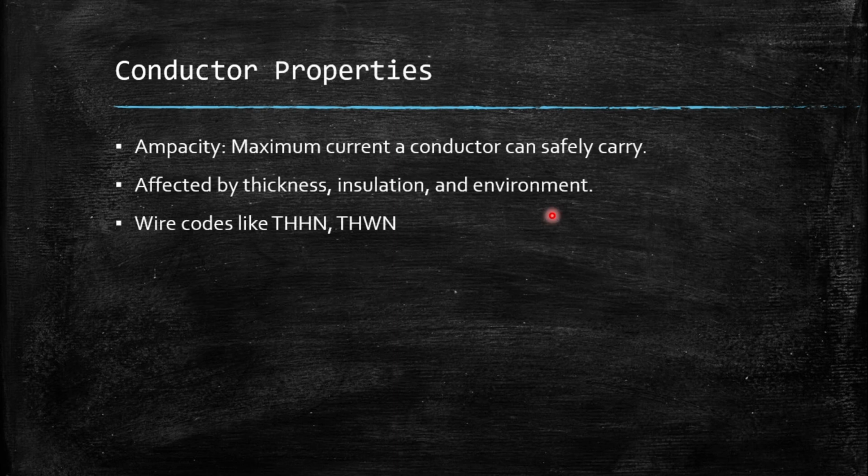Next, we have conductor properties. The ampacity of a conductor is the maximum current it can carry safely. This depends on factors like conductor thickness, insulation, and surrounding temperature. We use wire codes such as THHN or THWN to describe insulation types and temperature ratings.